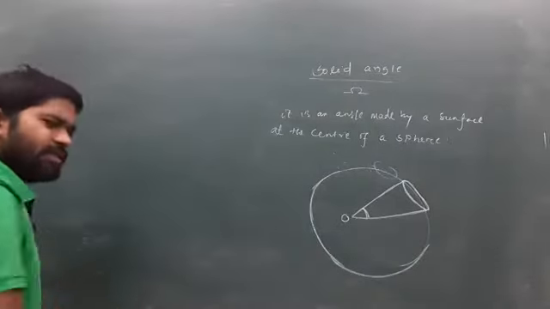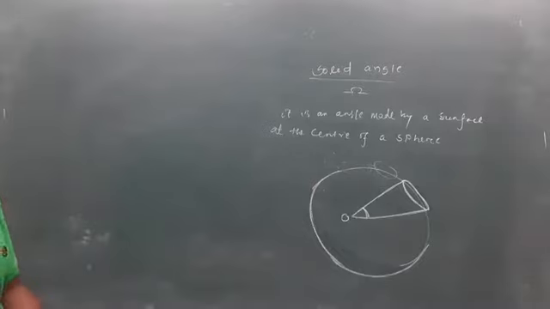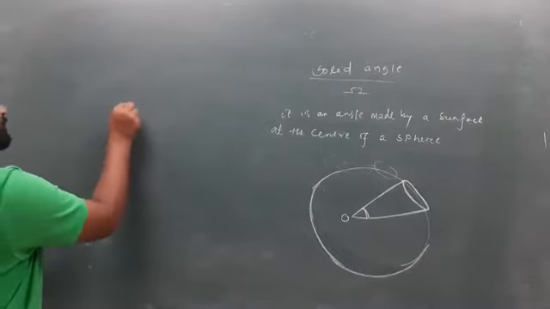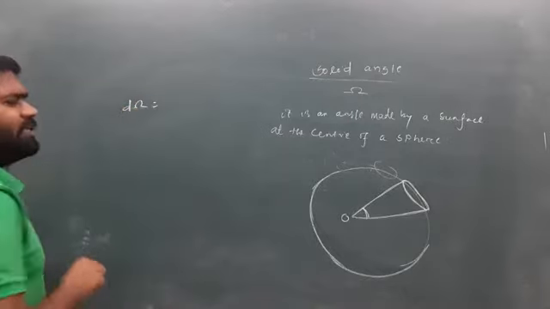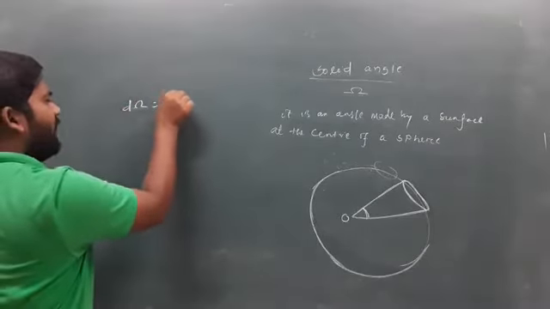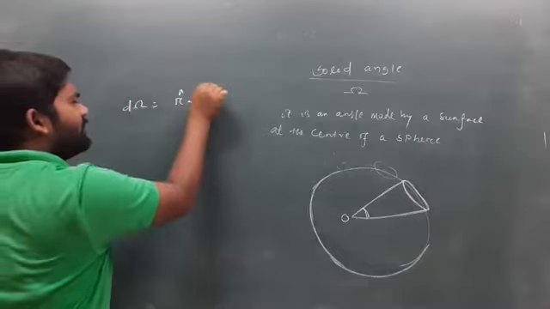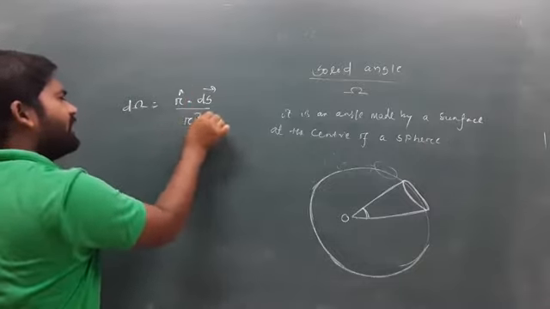Generally, a solid angle is defined as d omega equal to r cap dot ds vector divided by r square.